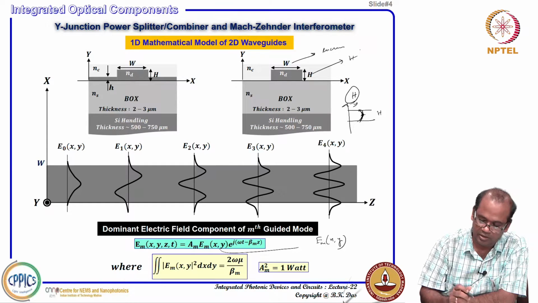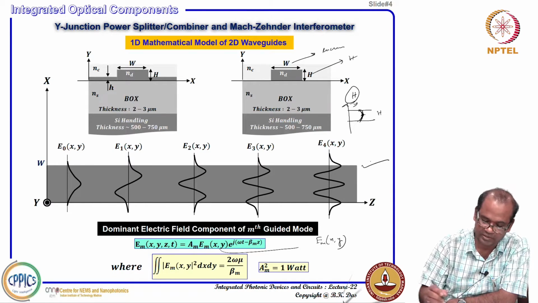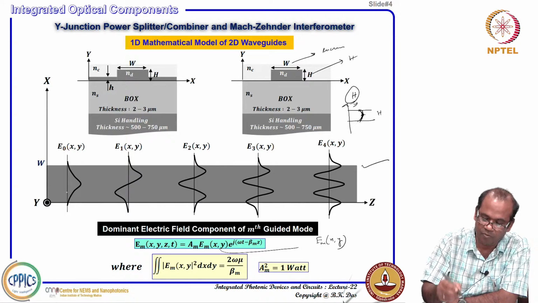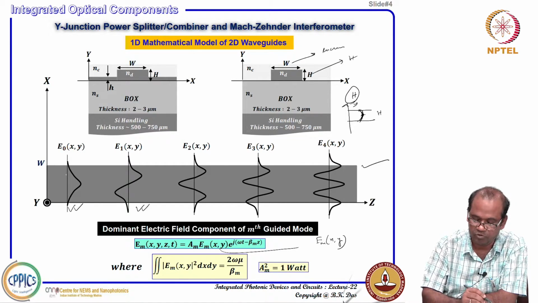So, in this 2D diagram, along the propagation direction from the top, we will see that different modes show different types of distribution. This will be your fundamental mode, along the x direction as I am showing here. The y direction is always looking like what I have just shown, so all the fields in the y direction will be like this.